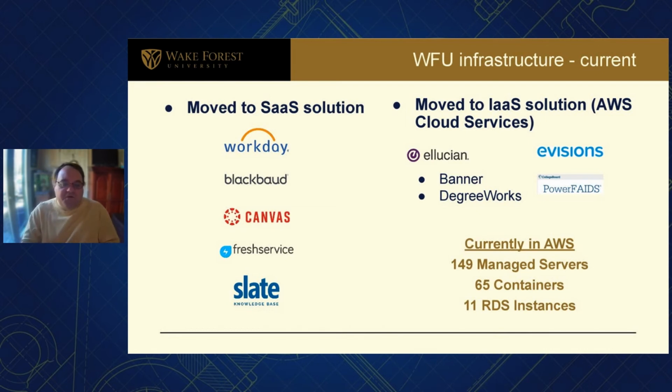So overall, we've transitioned into 149 servers. It's not a one-for-one exactly, so I can't tell you what the number was before. And Ellucian also started a bunch of new self-service modules, and we decided to spin them up into the AWS containers so that we can take advantage of their ability to scale.